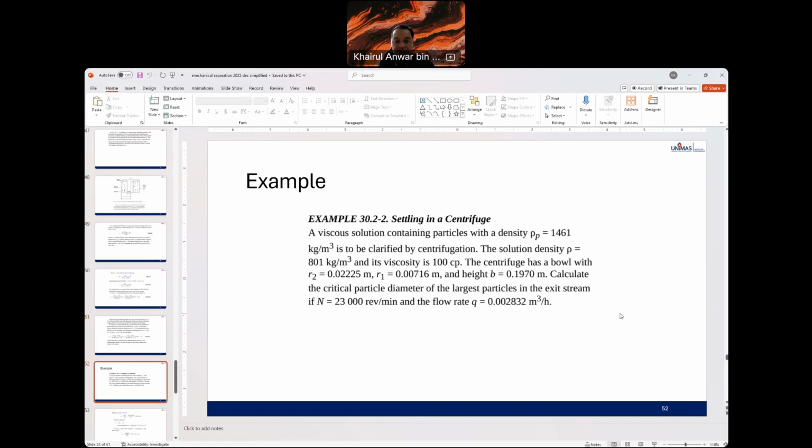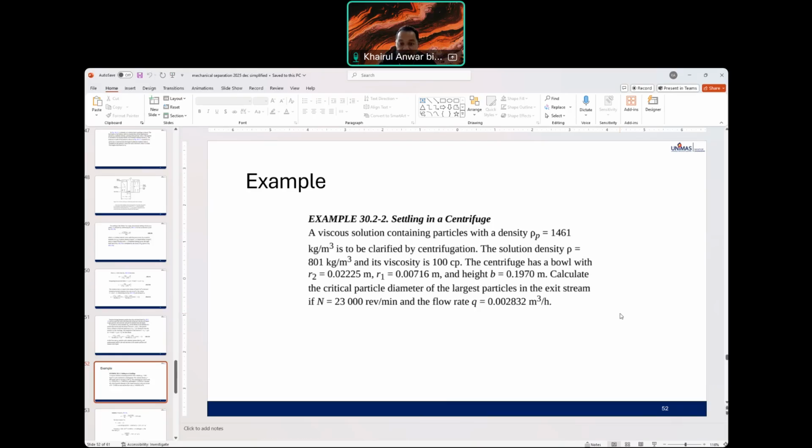A viscous solution containing particles with density rho p equal to 1461 kg per meter cube is to be clarified by centrifugation. The solution density rho equal to 801 kg per meter cube, and its viscosity is 100 centipoise.